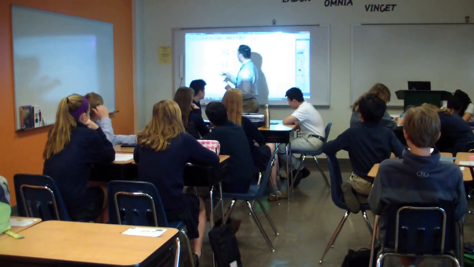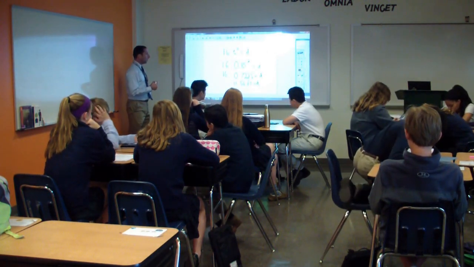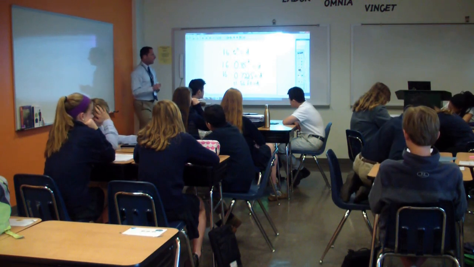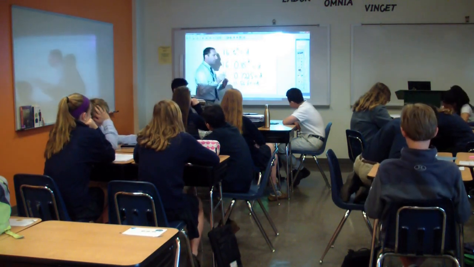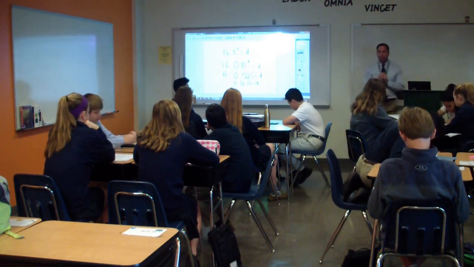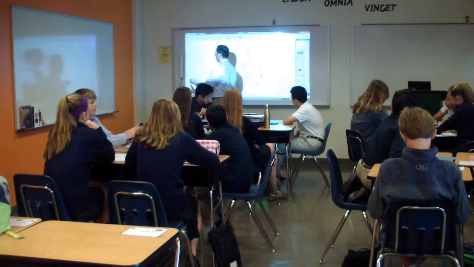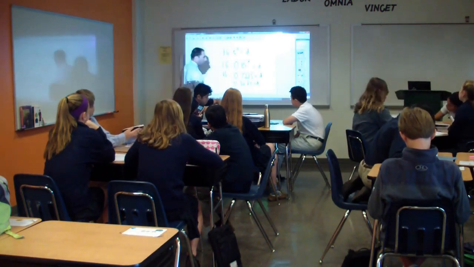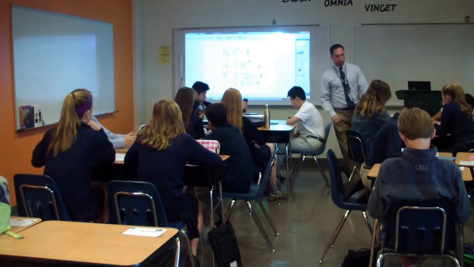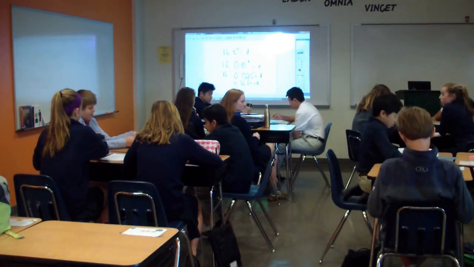So let's talk about what we could do with this graph. Let's take this 16t squared and think about how we can apply it to a quadratic equation. So let's pull out our graphing calculators. I'm going to pull up our little Desmos, and we're going to look at what this looks like on a graph.